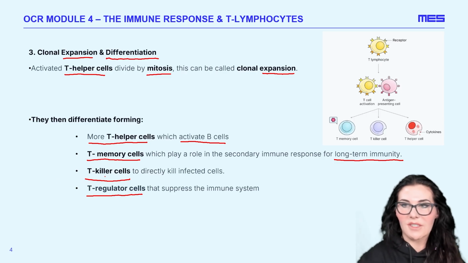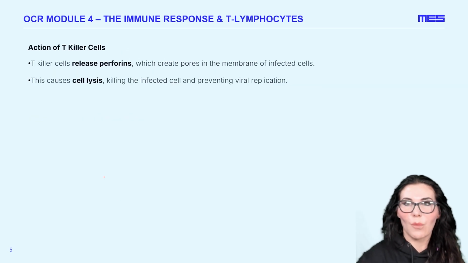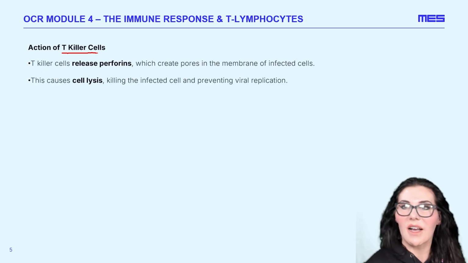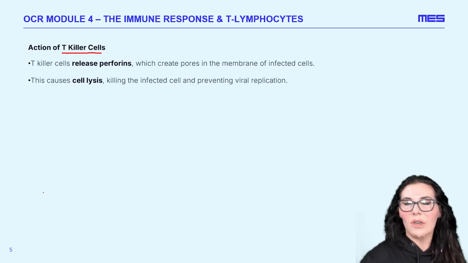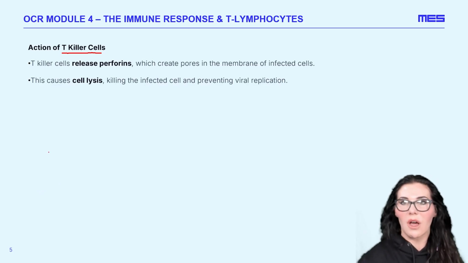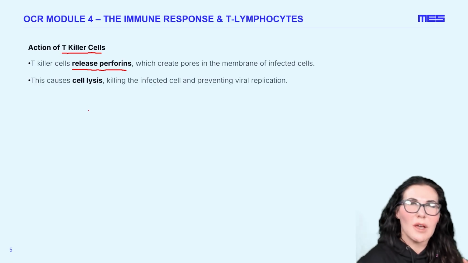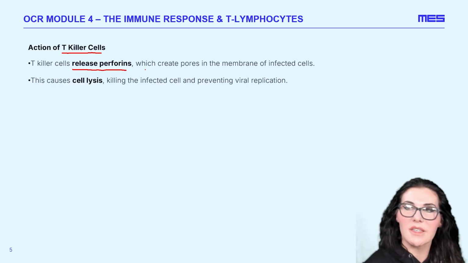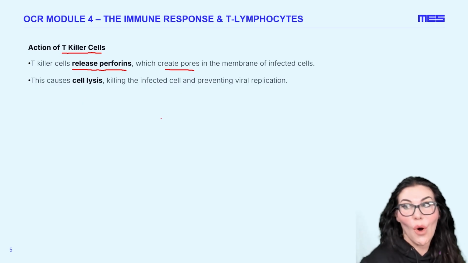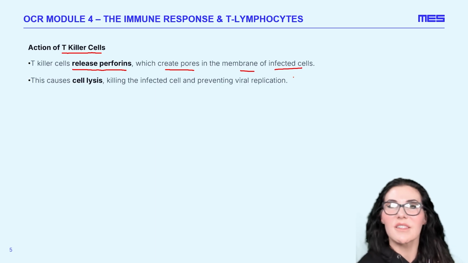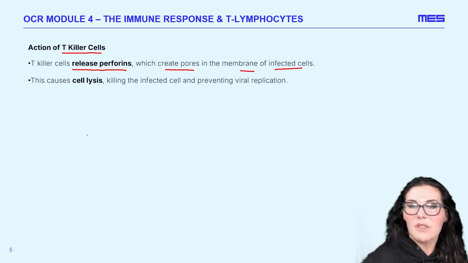Now, the T helper cells, as I said before, we're going to talk about them a little bit later. In terms of the T killer cells, how do these clonally selected T killer cells work? They release a chemical called perforin. Perforation means to make holes in. Perforin is a chemical that creates pores or holes in the membrane of any cell that's been infected by a virus, for example.